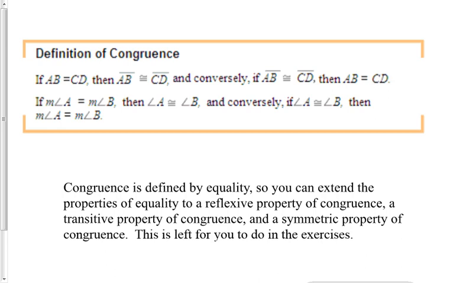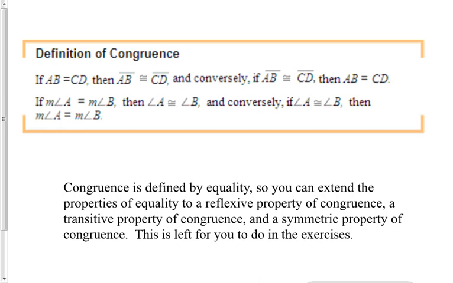And conversely, if segment AB is congruent to segment CD, then AB equals CD. If the measure of angle A equals the measure of angle B, then angle A is congruent to angle B. And conversely, if angle A is congruent to angle B, then the measure of angle A is equal to the measure of angle B. You're sitting there saying, of course, I know this.